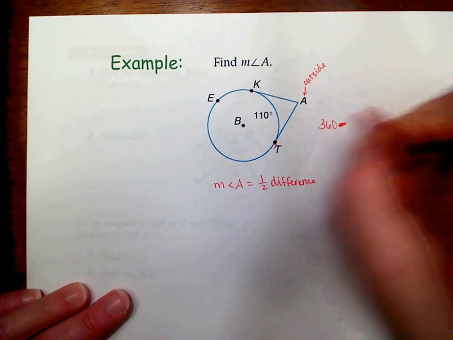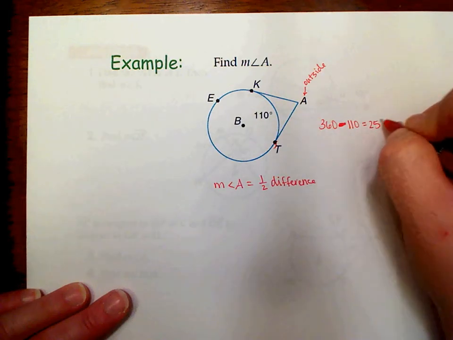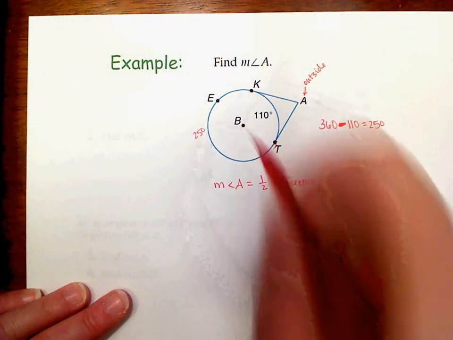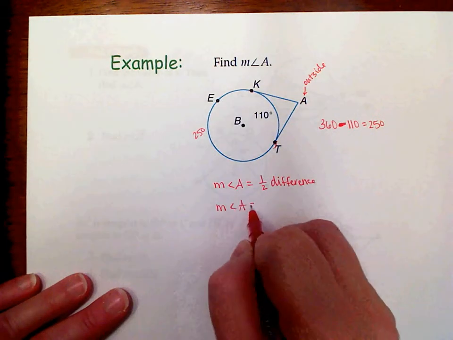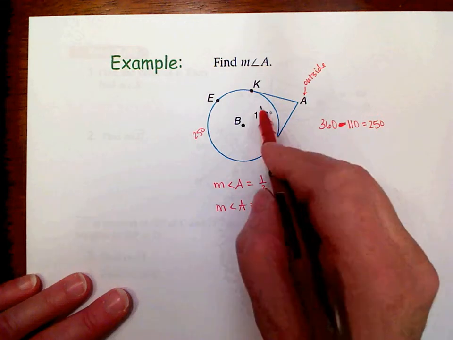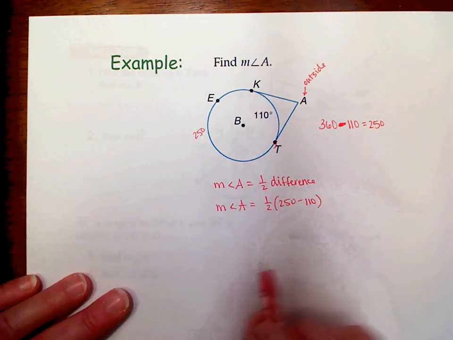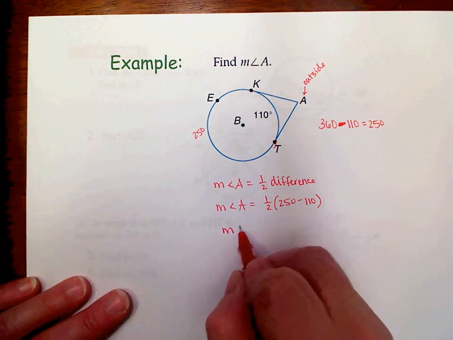So it has to be 250 degrees. To find the measure of angle A, we want 1/2 of the larger one minus the smaller one. 250 minus 110 is 140, and half of 140 is 70 degrees.